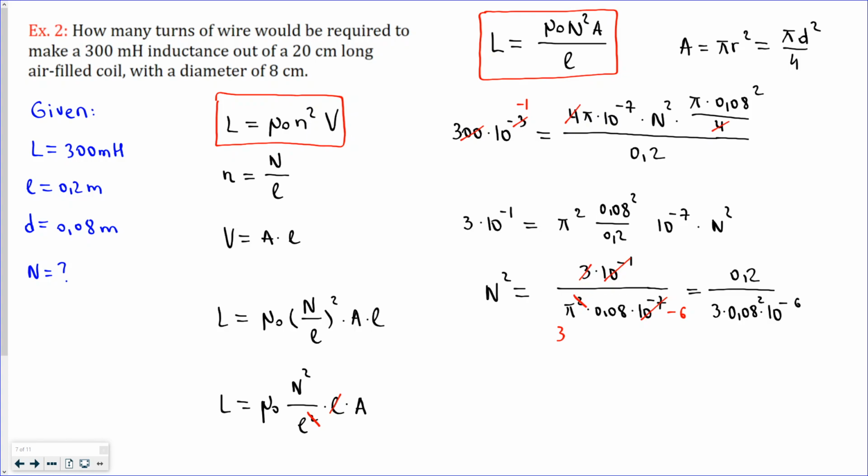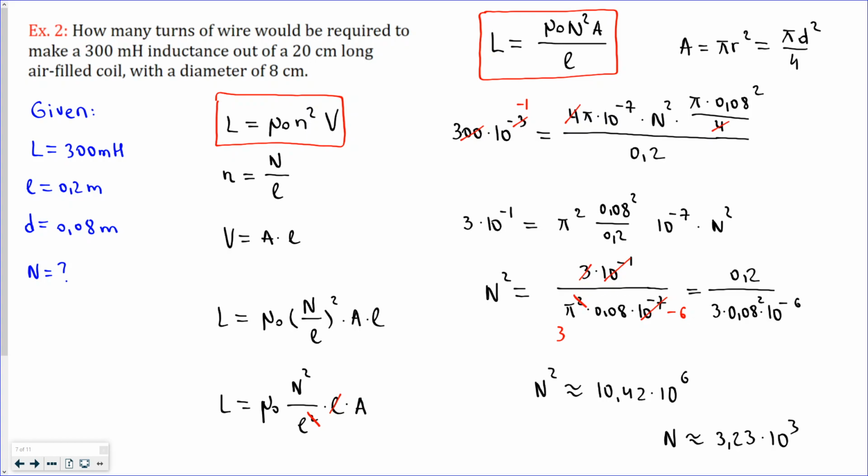Okay, if we calculate here, we get n squared is approximately 10.42 times 10 to the power 6, and if we take the root of it, the answer is 323 times 10 to the power 3.